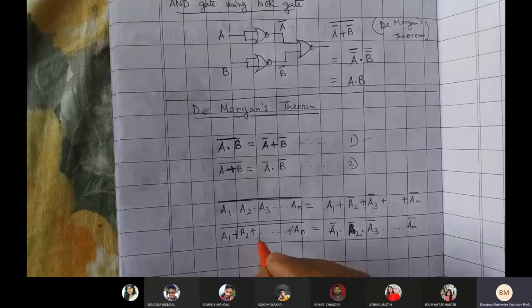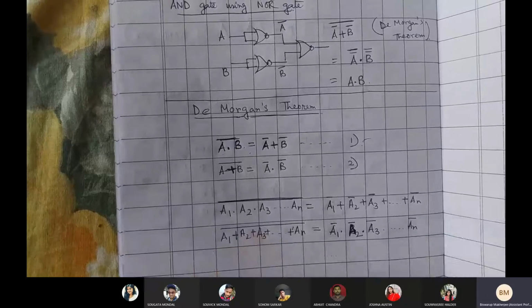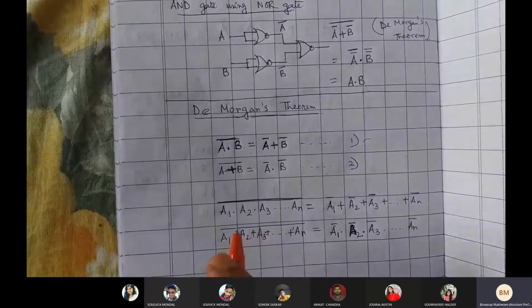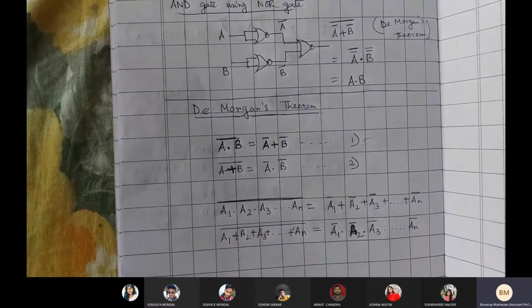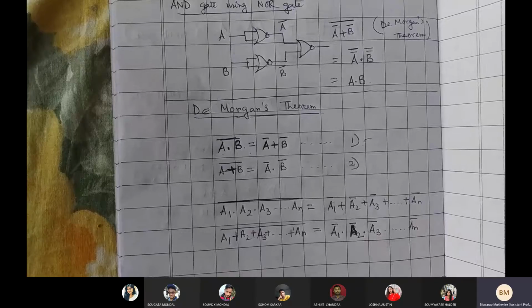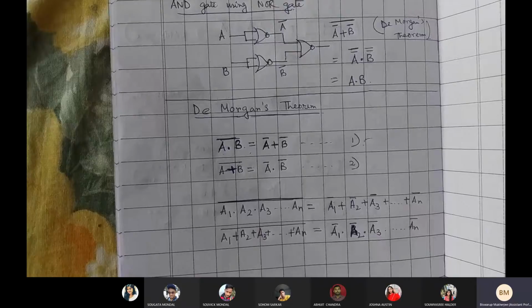So that is the generalized format of De Morgan's theorem. We generally use these two theorems for minimization of Boolean functions.